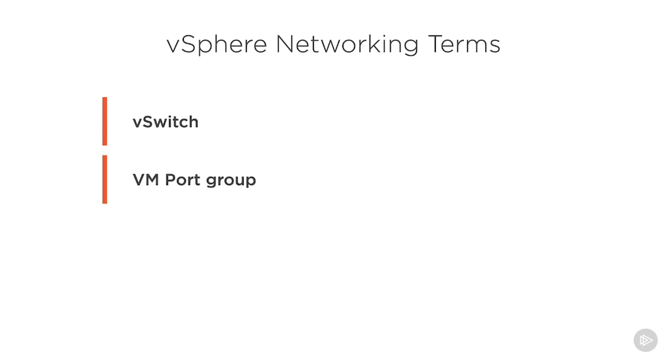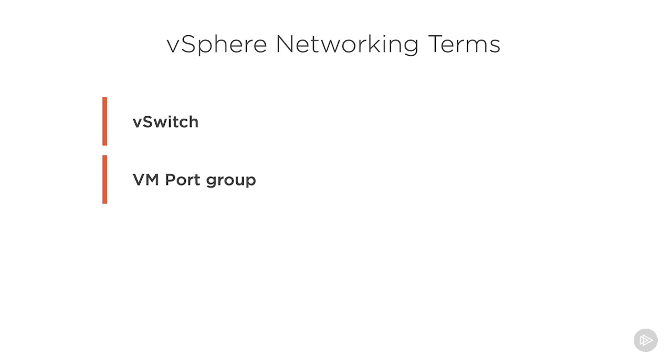The next term here being VM port group, or just port group. As you'll see when we go to the vSphere client, there is a default port group called simply VM network. That's the virtual machine port group where virtual machines that are created connect by default to the vSphere standard switch.